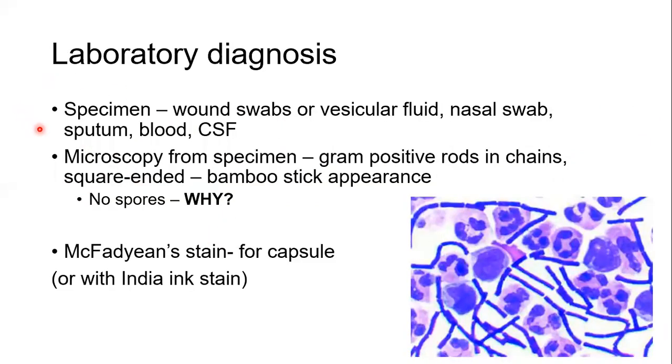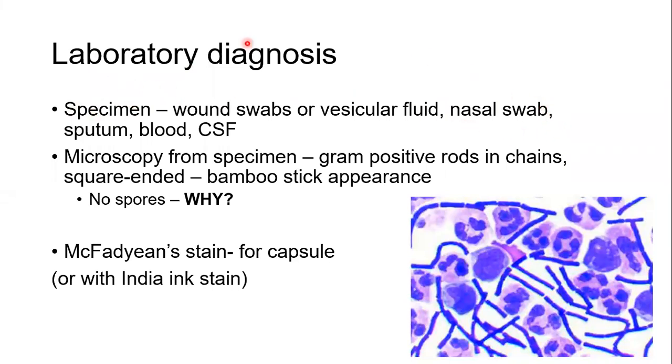So again, this is probably not the complete list of specimens, but it depends on what sample you're dealing with. They would include wound swabs, vesicular fluid from the wounds or from the initial presentation of cutaneous anthrax.